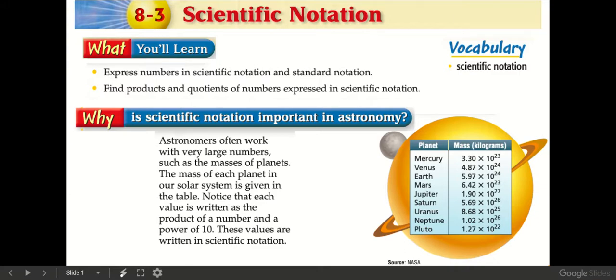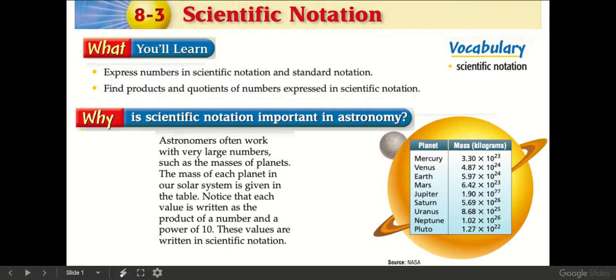Remember, 10 to the 23rd power is 10 times itself 23 times, right? 10 times 10 times 10 all the way down the line, 23 times. That's going to be a huge number, a 1 with 23 zeros behind it. And if I multiply that by 3.3, obviously that's going to be an even bigger number.